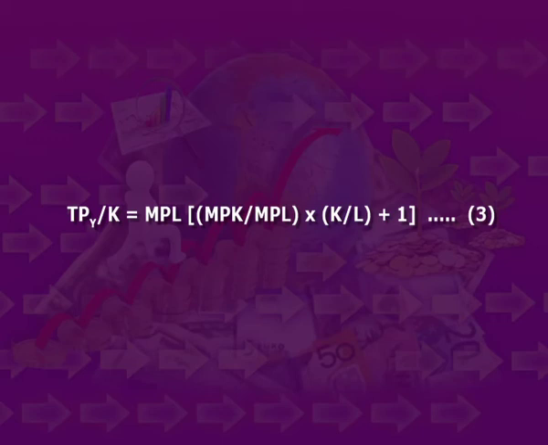It means that MPL, that is W, is the same in production of commodity Y in both nations. Similarly, we can prove it for commodity X. Therefore, we can say that real wages, that is W by R, in production of commodity X are equal to real wages, that is W by R, in production of commodity Y in both nations.